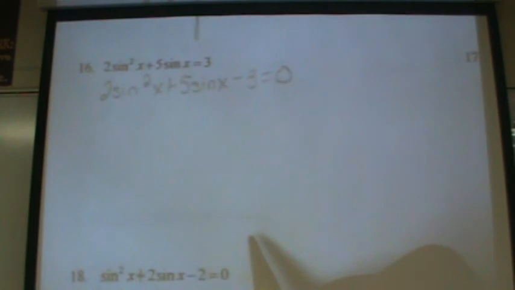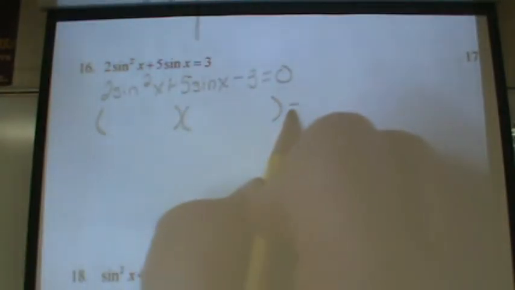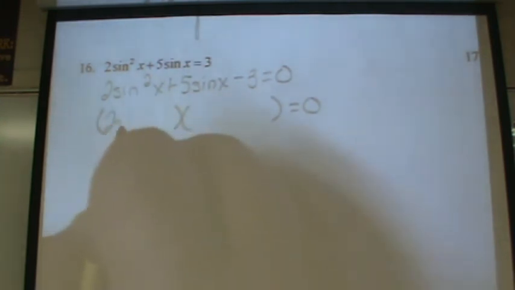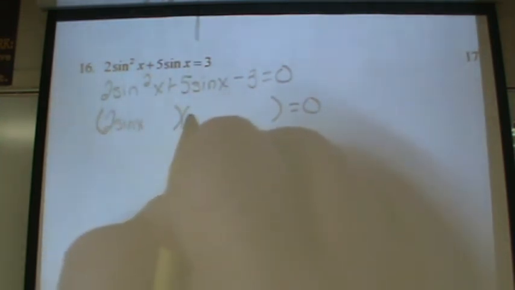Number 16. We're going to move this 3 over, so we're going to have 2 sine squared x plus 5 sine x minus 3 equals 0. We're then going to factor that. So we're going to get 2 sine x and sine x.